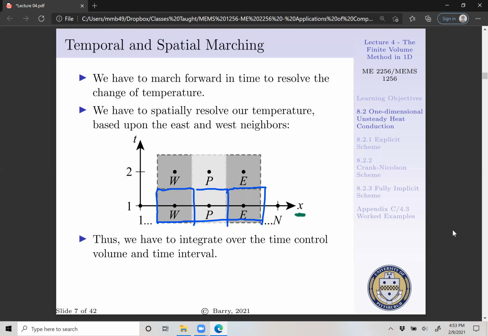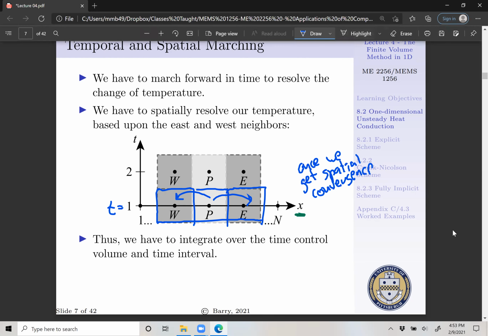So for a given time, say this is our first time step, time t is equal to 1, we can apply our stencil and cast our equations to solve for our conserved quantity at our cell center P. Now, once we go through and get spatial convergence, we can advance in time.